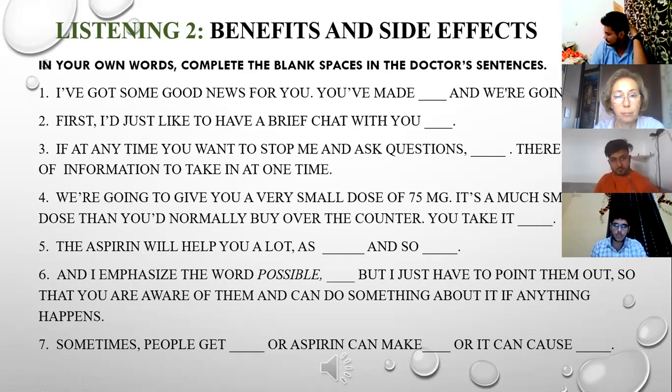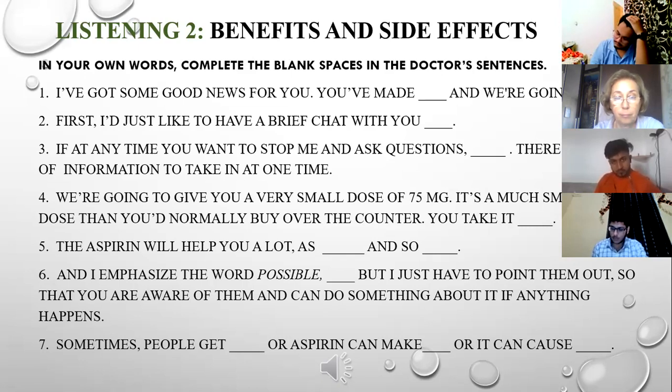Yeah. We're going to give you a very small dose of 75 milligrams. It's a much smaller dose than you'd normally buy over the counter. You take it by mouth once a day after a meal from now on. Okay. Why do I need to take it? The aspirin will help you a lot as it thins the blood and so helps to prevent further attacks.